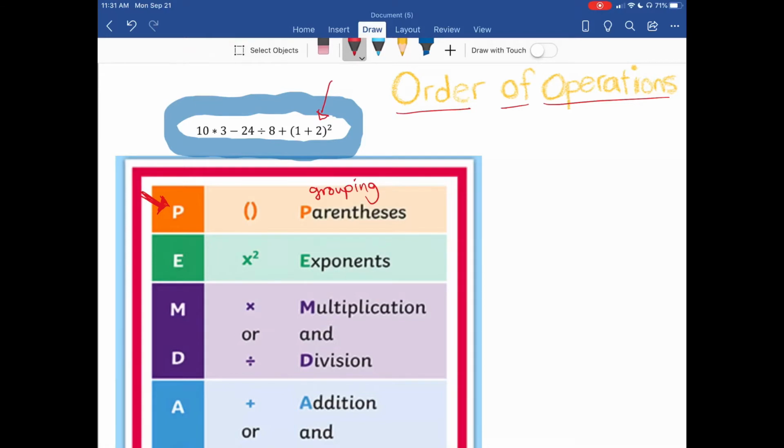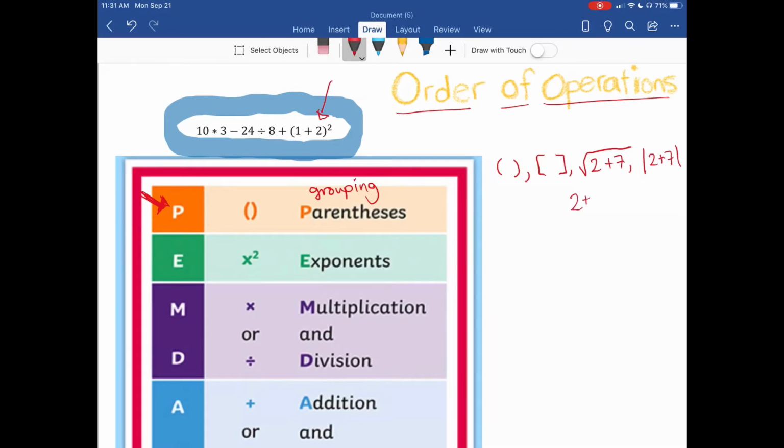I go first. So just so that it's clear, parentheses look like so, but our grouping could take on brackets, for example. If I had 2 and 7 under a radical, because they're both under there, that's a grouping. That is something I would do first. If I had the absolute value of 2 and 7, same.